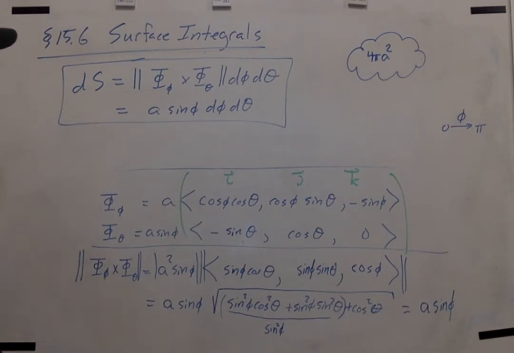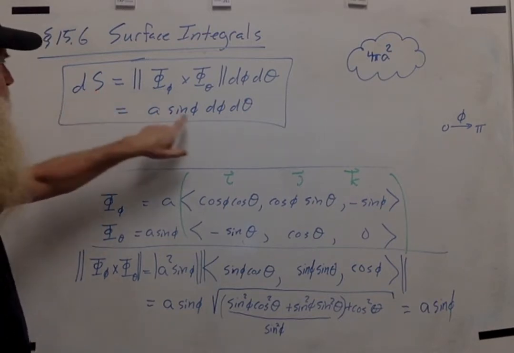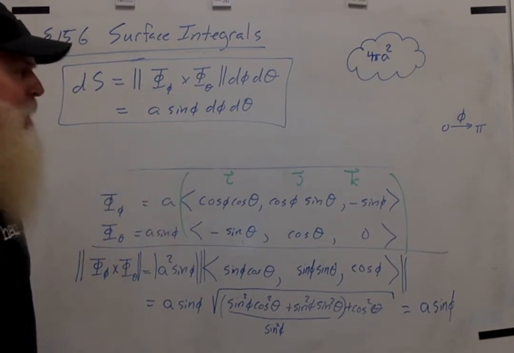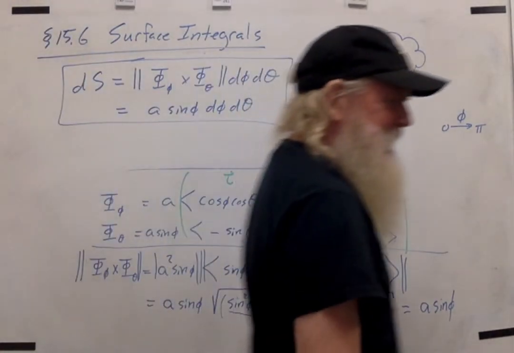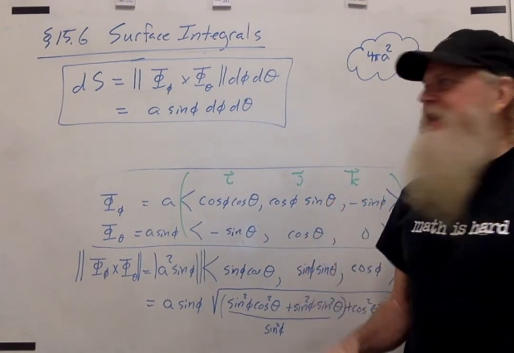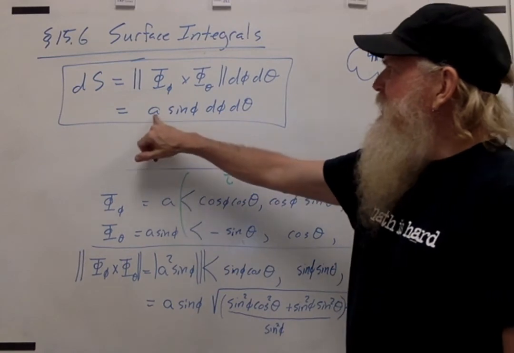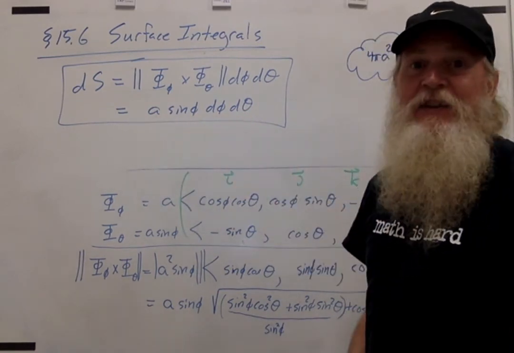In fact, integrating over spheres is something that you do a lot in physics, so you'll probably find this formula in your table of formulas in a physics book. But remember, in physics, they often swap the phis and the thetas, so if you look up this corresponding formula in the physics book, it'll say a sine theta d theta d phi instead.